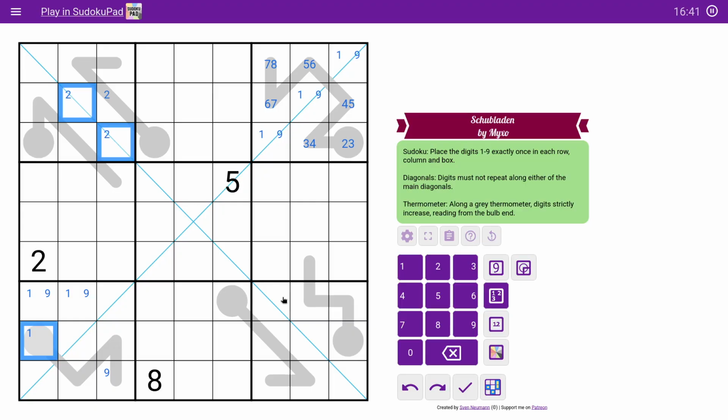This is 1. This is 1. Am I saying this cannot be 1? If this is 1, no, these are 1. Yeah, this cannot be 1. Interesting. I suspect that means this cannot be 9.